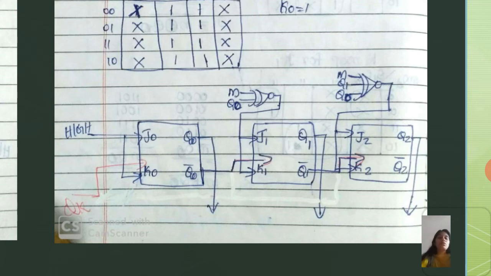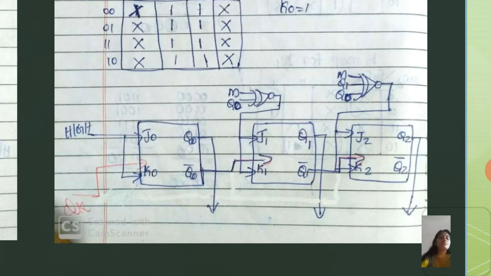And for J1 K1 you have to implement the XNOR operation for M and Q0. That is what is done here, and the result is mapped to J1 and K1 as well, and the result is Q1, which is taken as output.